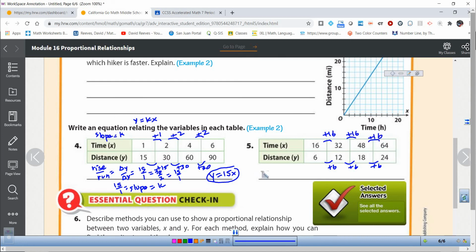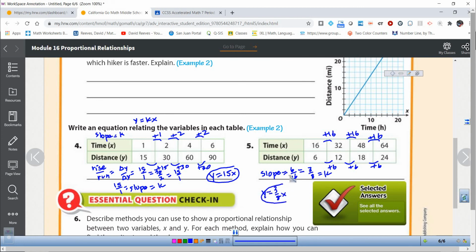So our slope is equal to 6 over 16, but that simplifies. Divide them both by 2. What do you get? You get 3/8. But 3/8 is equal to our k, right? Our constant of proportionality. So our equation would be y equals 3/8 x.